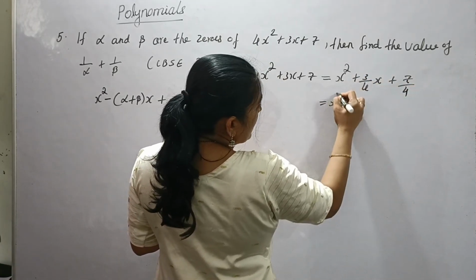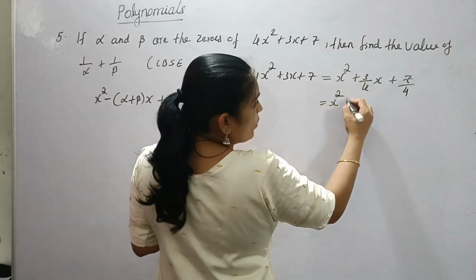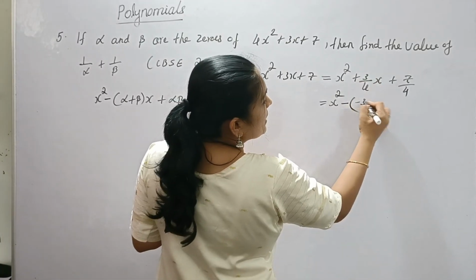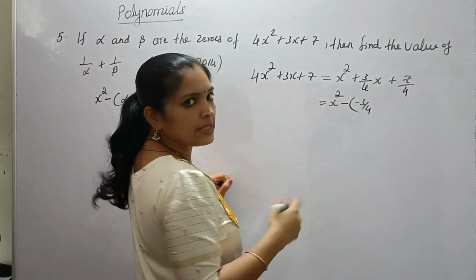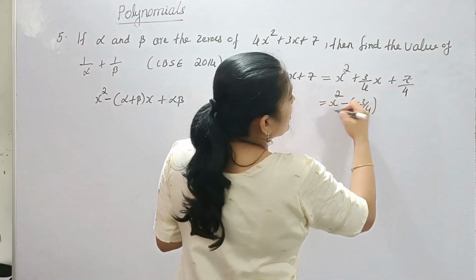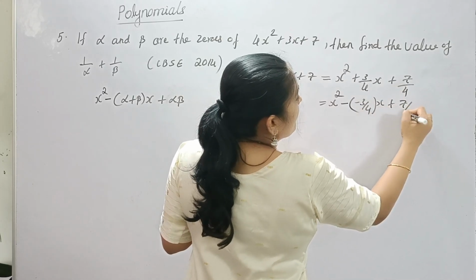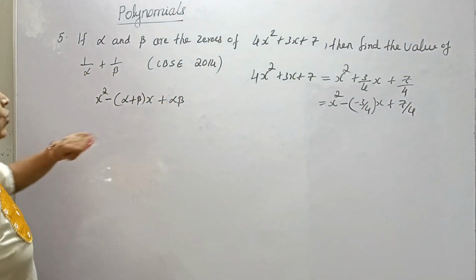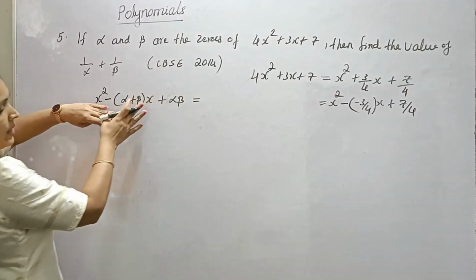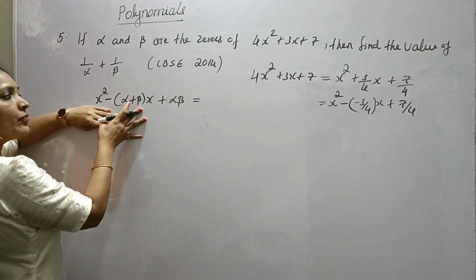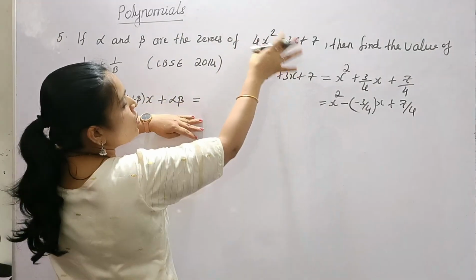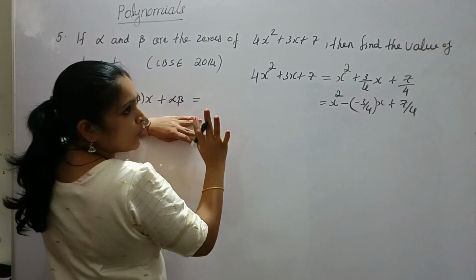Again, this can be written as x square, take minus outside, minus of minus 3 by 4, because minus of minus becomes plus, right? So, plus 3 by 4 into x plus 7 by 4. Okay. Now, it is equal to, because here also alpha and beta are the zeros of this polynomial, and here also alpha and beta are the zeros of this polynomial.